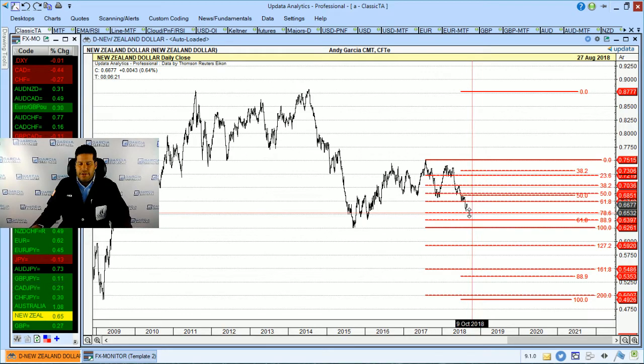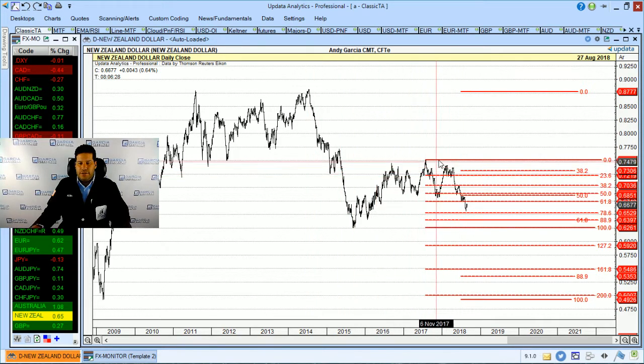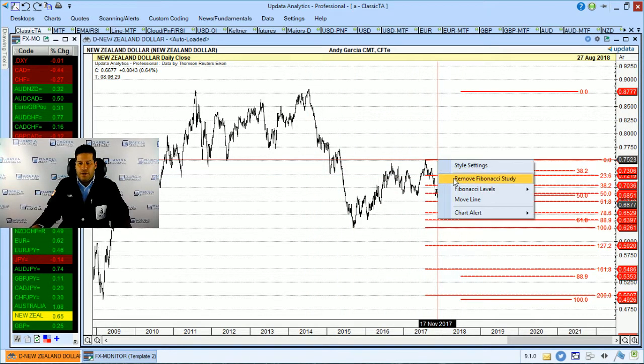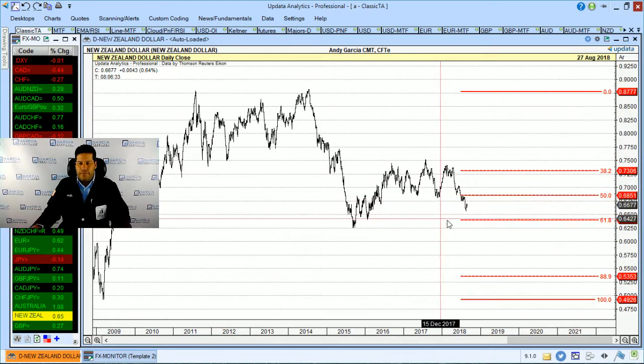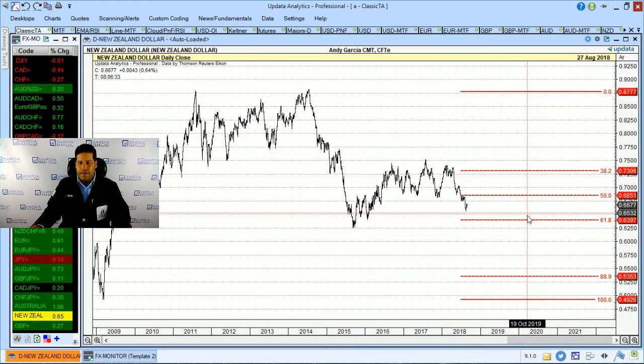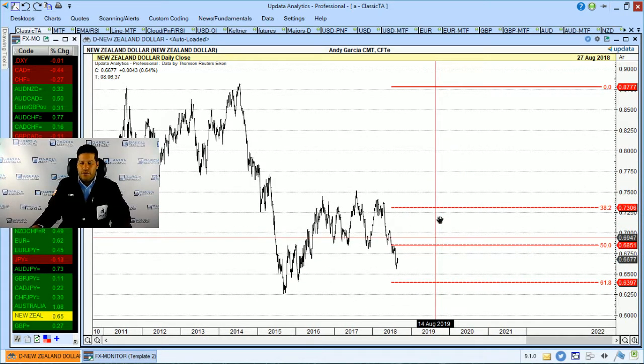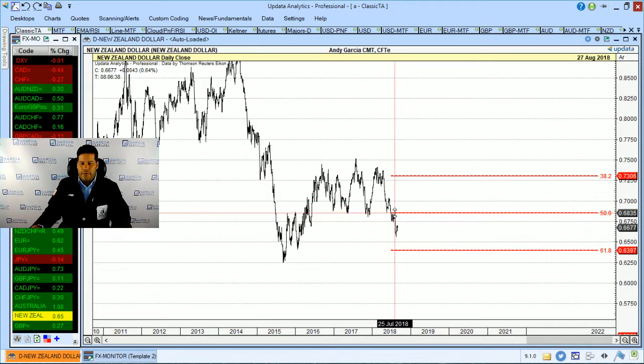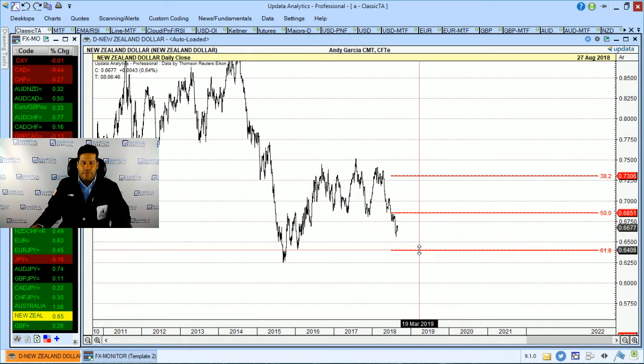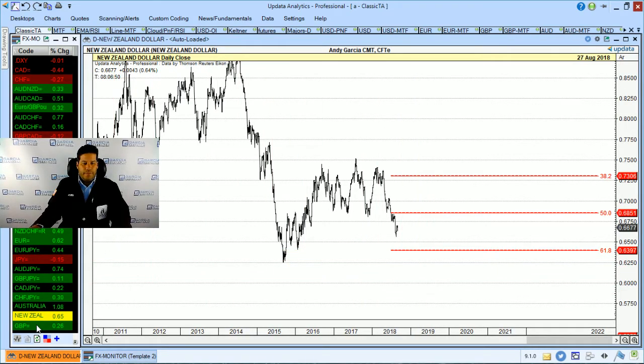You can see the 78.6 right here, but the market, in my opinion, is really paying attention to the bigger Fibonacci levels. Okay, so in all likelihood, my expectation is any kind of rally up to the 68.30 area is going to be a nice place to get short for a push down into the 64 even area. I think that this market is not done going down.